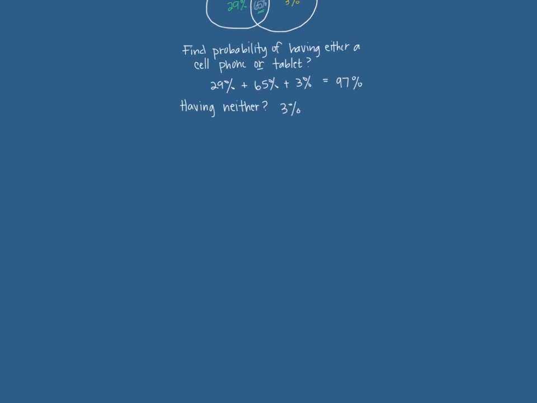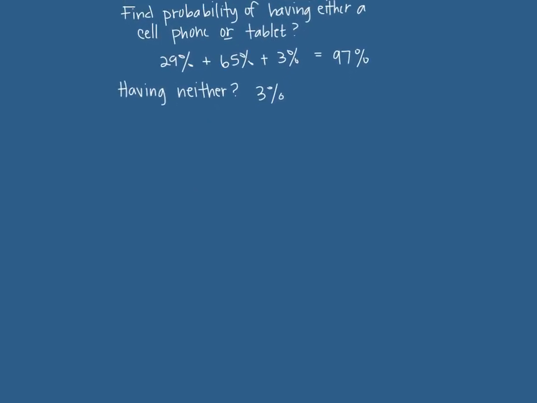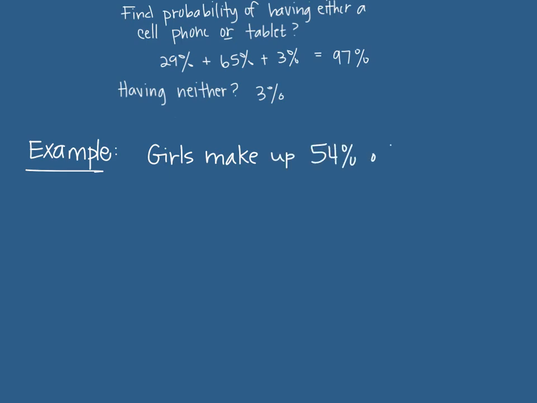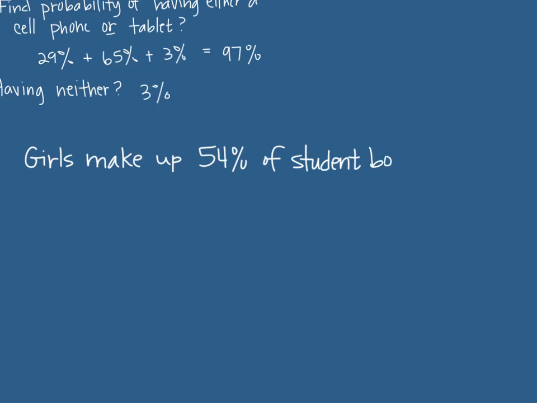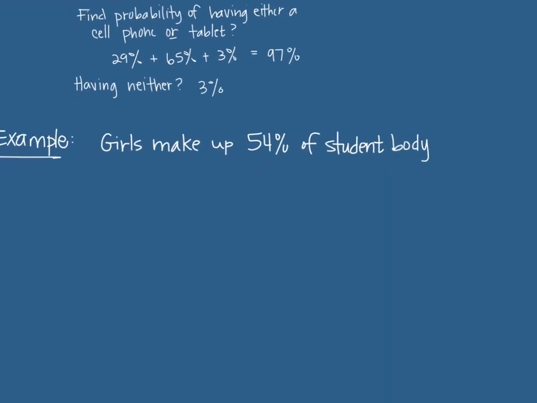Okay, one final example just to help you really feel like you're getting the hang of it. Okay, again, back to the high school issue. Let's say that girls make up 54% of the student body. So a slight majority at this school are girls. So you should be able to tell me what percentage are boys, right, by doing some subtraction there.